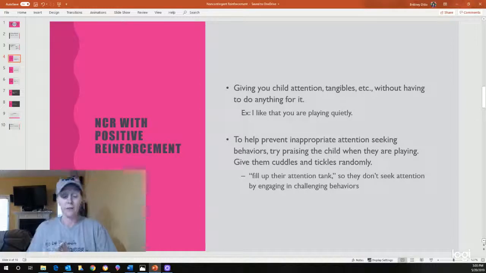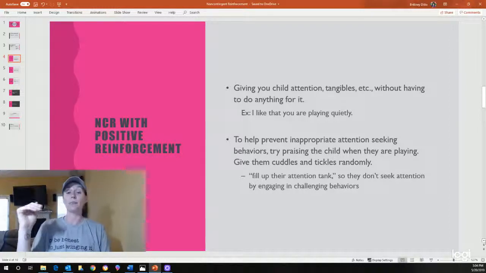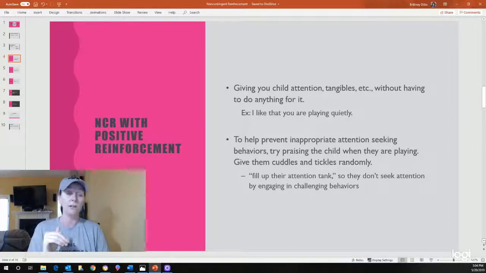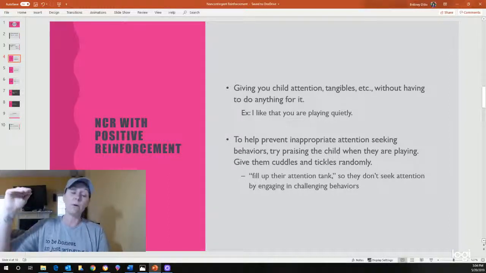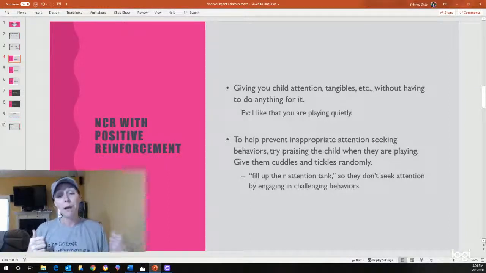So if you're giving your child attention every time you see them doing something you really like, they're on the floor and you just happen to walk by, oh, I love how you're playing so quietly, and you do that all the time, the hope is, as my professor at Penn State, Dr. Lee, put it, we're filling up their tank. The goal is to fill up that attention tank with this non-contingent attention, so that when you're on the phone, they're not yanking on you, mommy, mommy, mommy, trying to seek your attention.